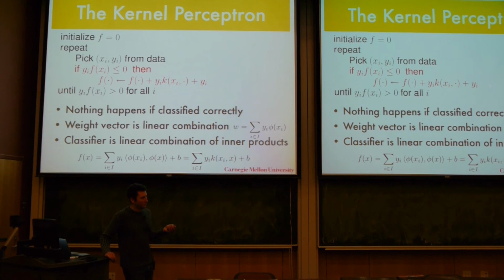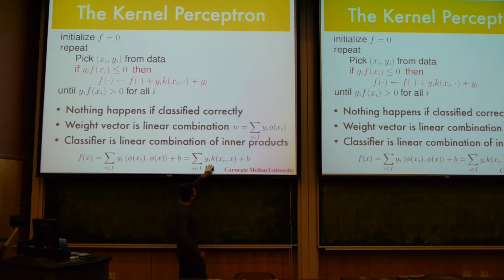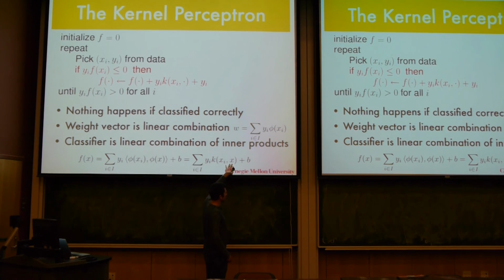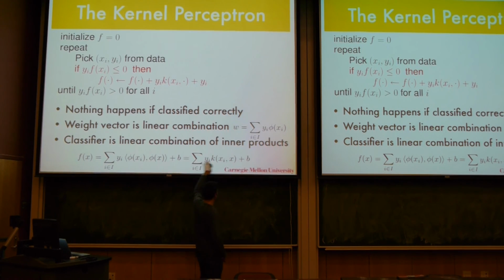This brings us to the answer of the question from before. The only other thing that now happens is that the sum over all the errors, yi minus the function of xi, now becomes a sum over yi, k of xi. The good thing is that everything with these features is just a sum of them.